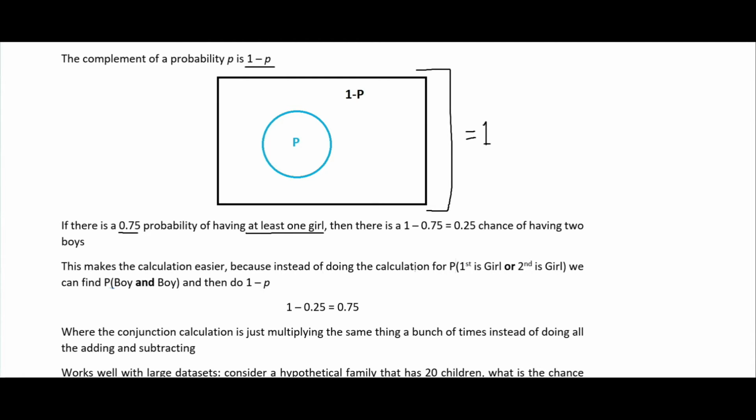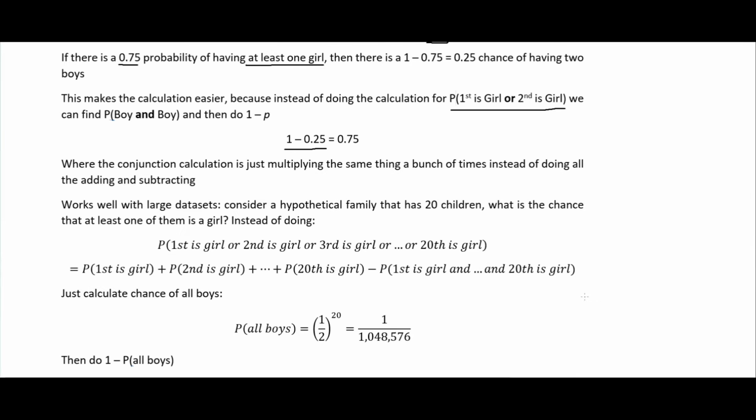Instead of calculating P first is a girl or P second is a girl, we can just find P boy and boy and then do 1 minus 0.25 equals 0.75. So the conjunction calculation is simpler. It's just multiplying the same thing a bunch of times instead of doing all that adding and subtracting.